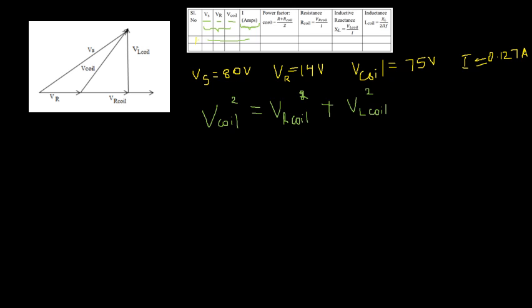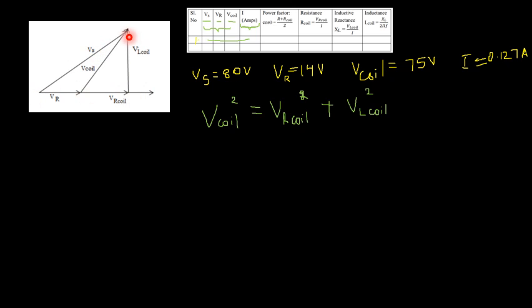If I apply the Pythagoras theorem for the outer triangle, I can write that VR plus VR coil, the whole square, plus VL coil, the whole square, is equal to Vs square.